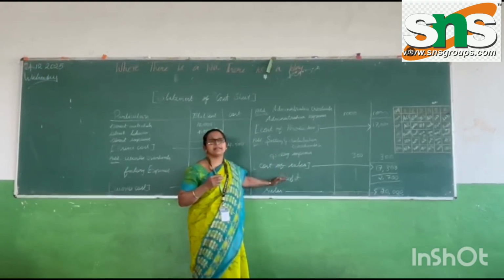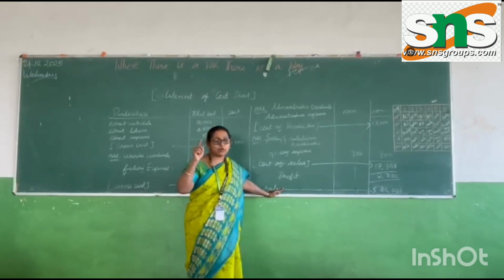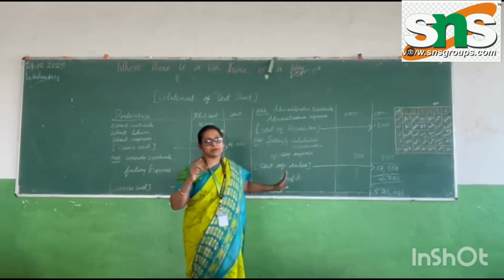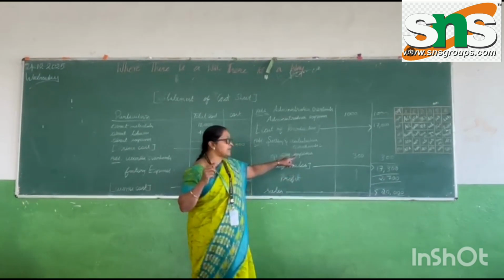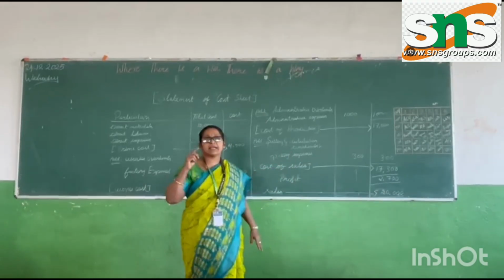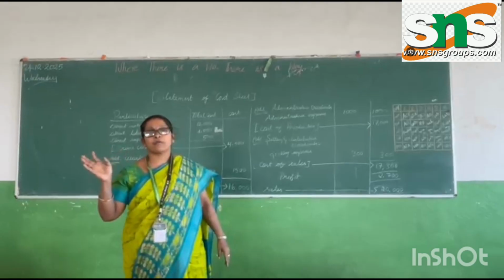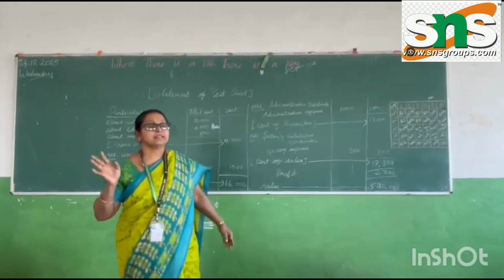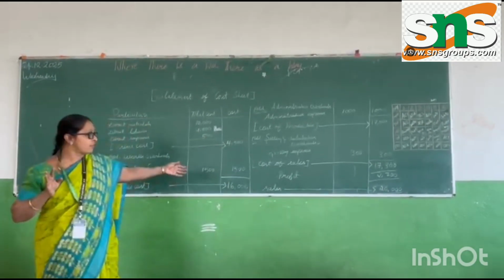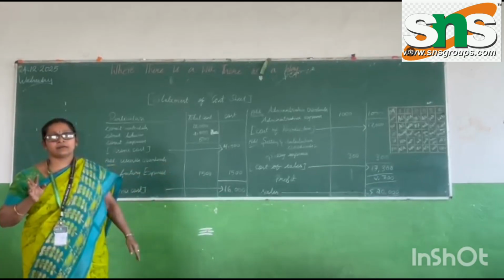So the company gets a profit, a plus value, of 2,700 rupees. 20,000 minus 17,300, we get the plus value of 2,700. So the company gets a profit of 2,700. This is the answer for profit, 2,700.